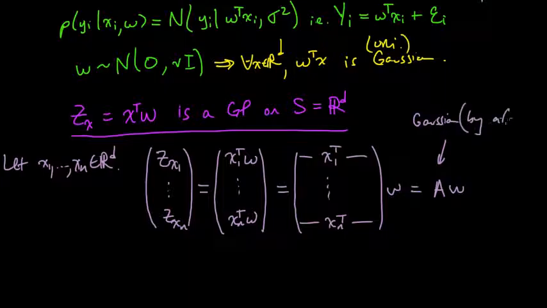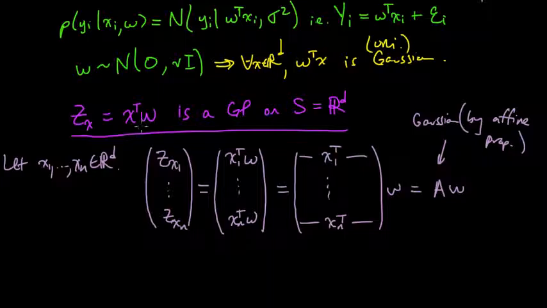If you don't know what I mean by the affine property, you can watch the videos I have on multivariate Gaussians and see why this is also a multivariate Gaussian. Or at least, I don't think I proved it, but at least we state the result. Okay, so since AW is a multivariate Gaussian, that means that this is in fact a Gaussian process.